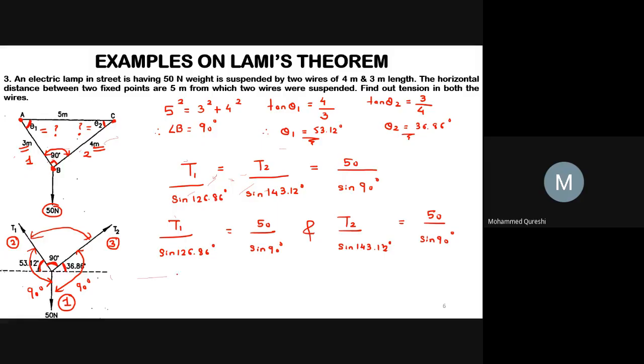After cross multiplication, you will get the value of T1 as 40 Newton and the value of T2 as 30 Newton. So tension in the first wire is 40 Newton and tension in the second wire is 30 Newton.